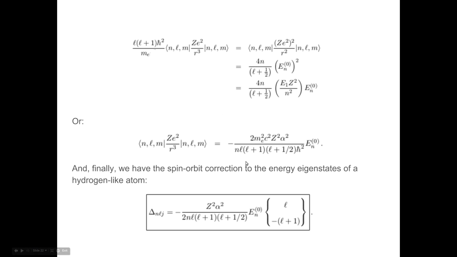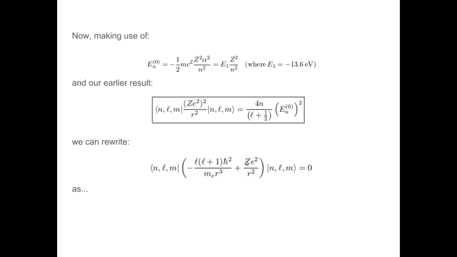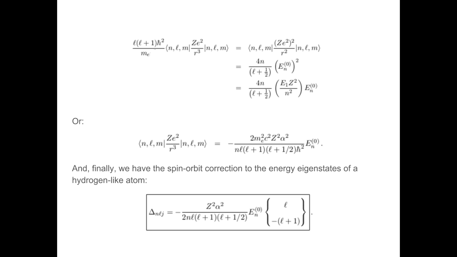So you go back, where are we? Yep, here we are. And so this is exactly what we're after. We get this piece, and now we can finally put it all together and compute the spin orbit correction.